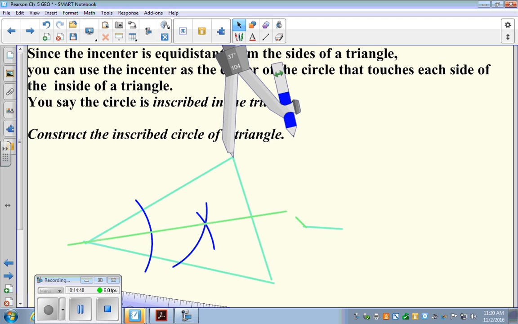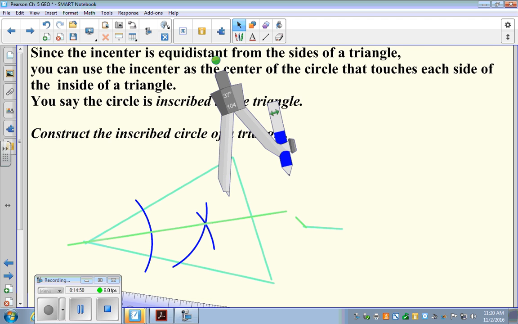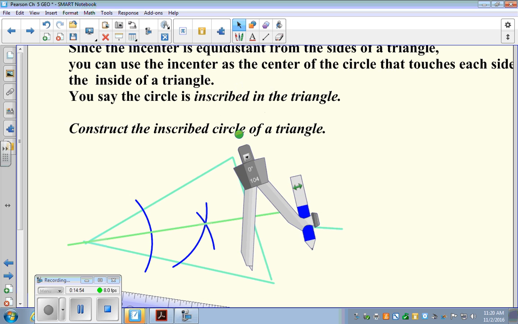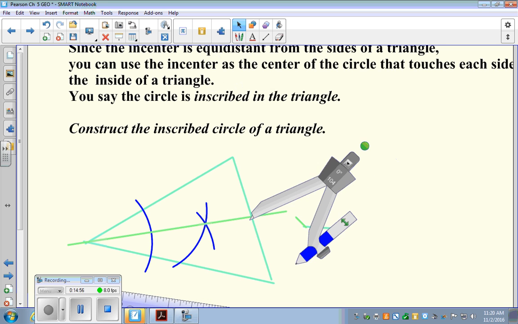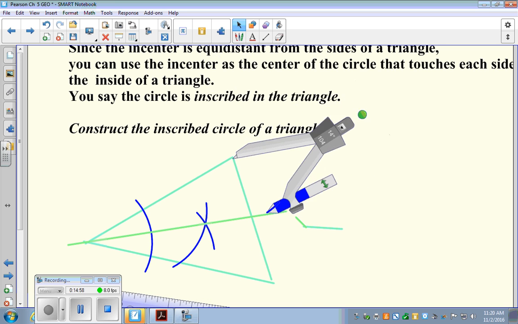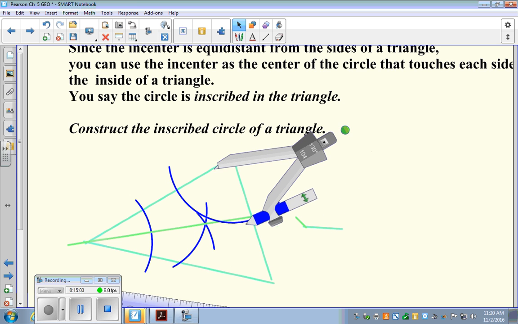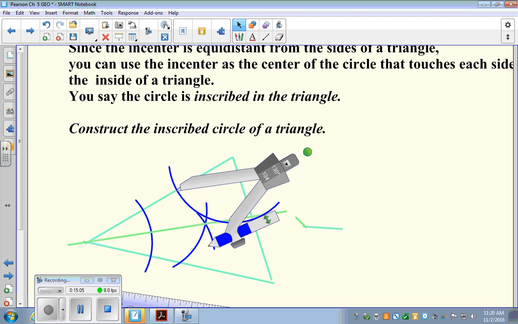Here. And draw an arc. Then where the arc meets, we're going to draw the arcs in the center.